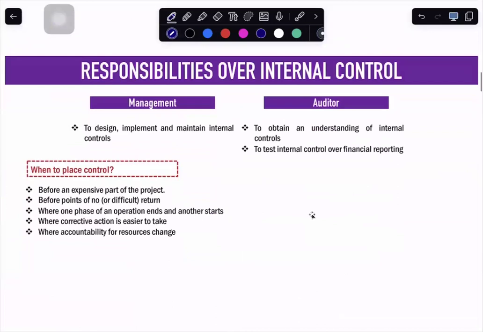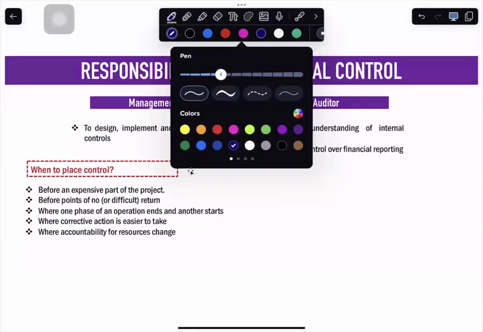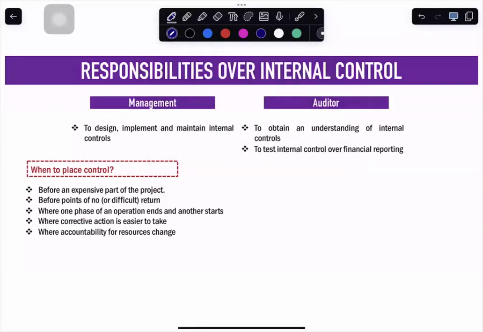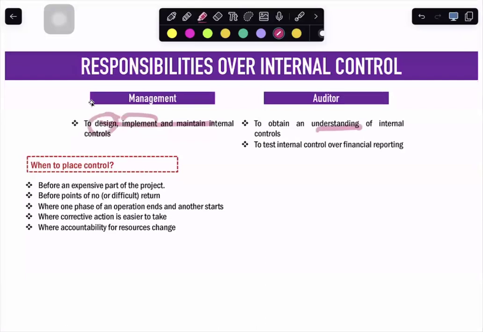So who has the responsibility over the control? Generally, it is the management who has the responsibility to design, implement, and maintain your internal control. As we said earlier, in understanding the control, we look into the design and implementation of this control. What we need to do as an auditor is to obtain an understanding of the design and implementation of this control.